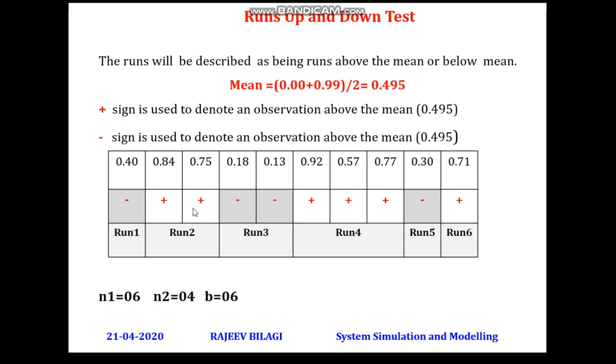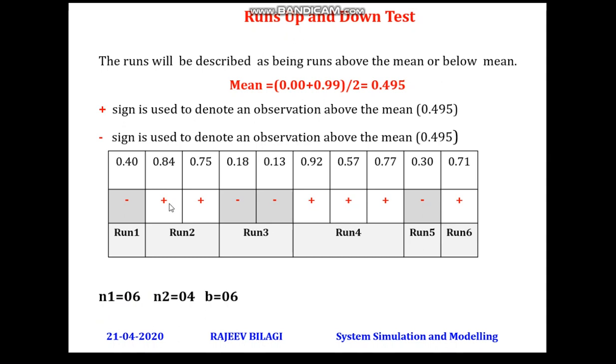Now this is run 1, this together is run 2, this together run 3, this is run 4, run 5 and run 6. One thing you need to remember here: this capital B is the total number of runs, like what we have done in the previous method. One more thing you need to observe here is n1, the number of plus signs in the given list.